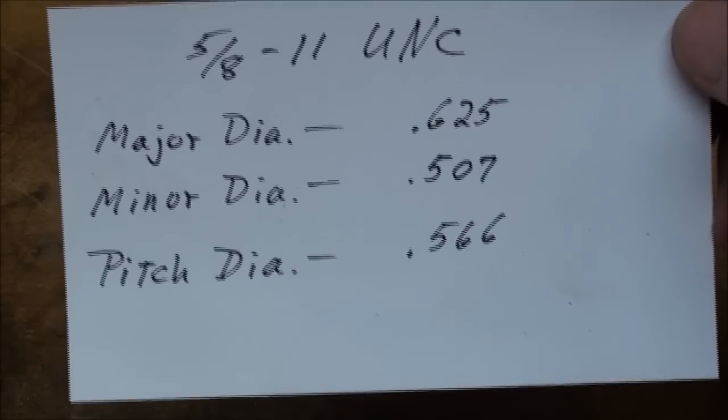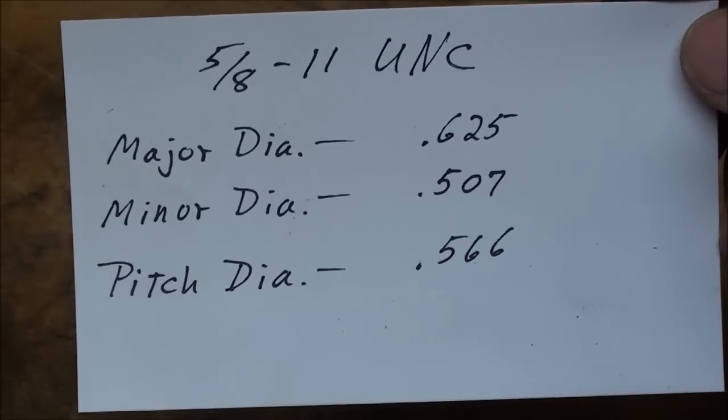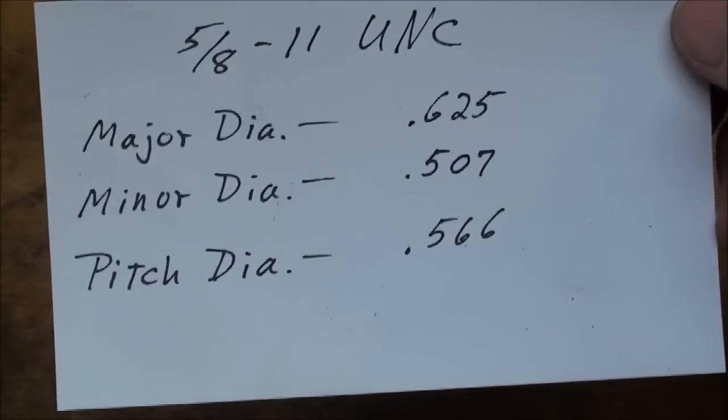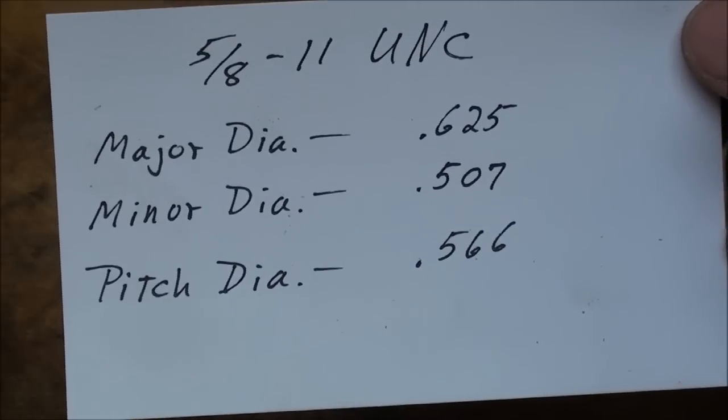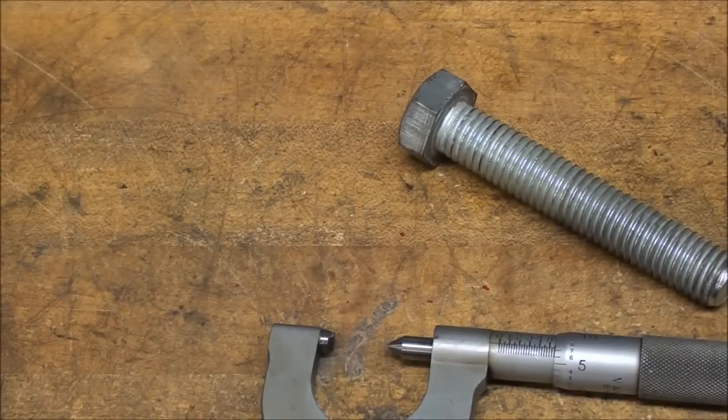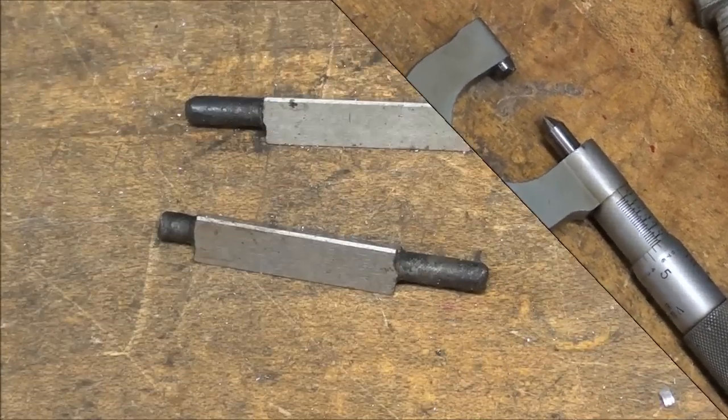And the actual dimension should be 566, so that is about 8 thousandths off. And that's how to use a thread micrometer.